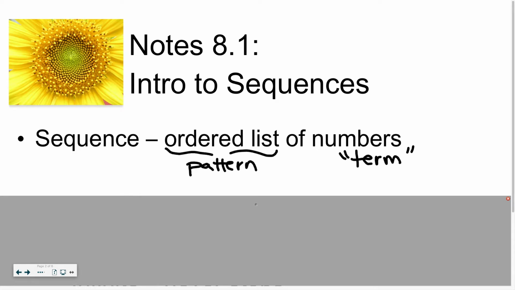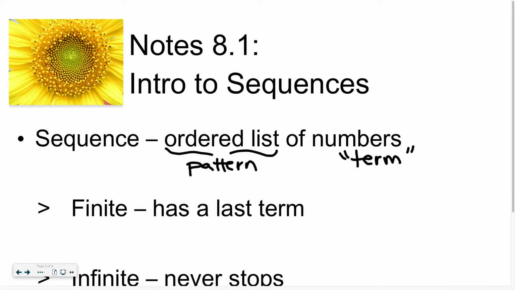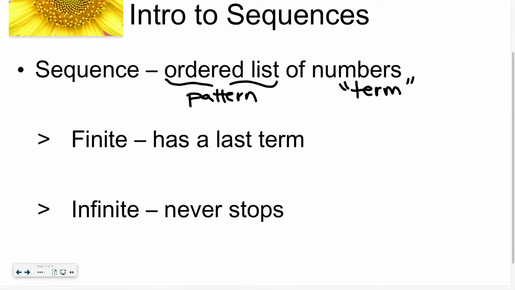Now, every sequence can be classified one of 2 ways. It can be a finite sequence or an infinite sequence. A finite sequence is a sequence where you have a limited number of terms, so it has a last term, and that's just like whoever decided on that sequence just said, stop here.